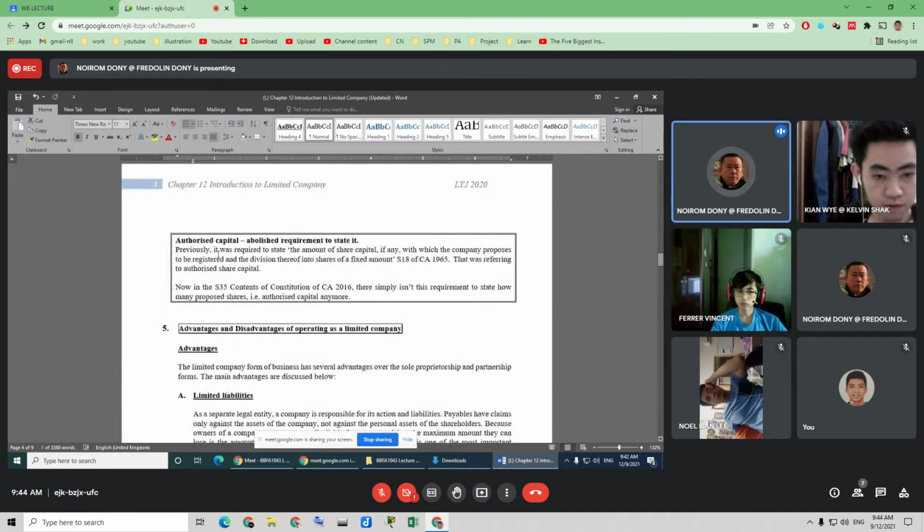Now, previously in the Companies Act 1965, they set this authorized capital.